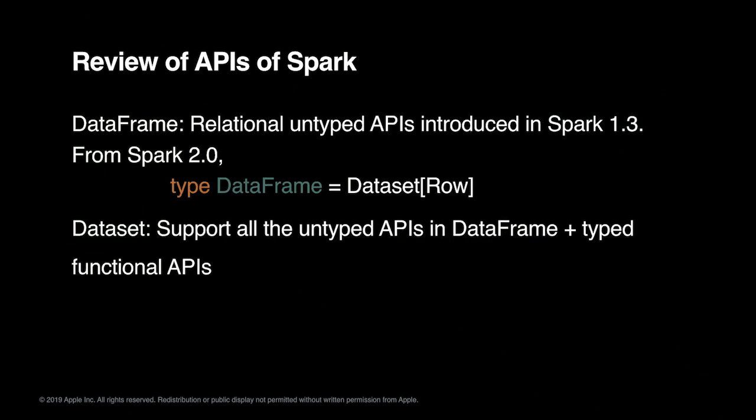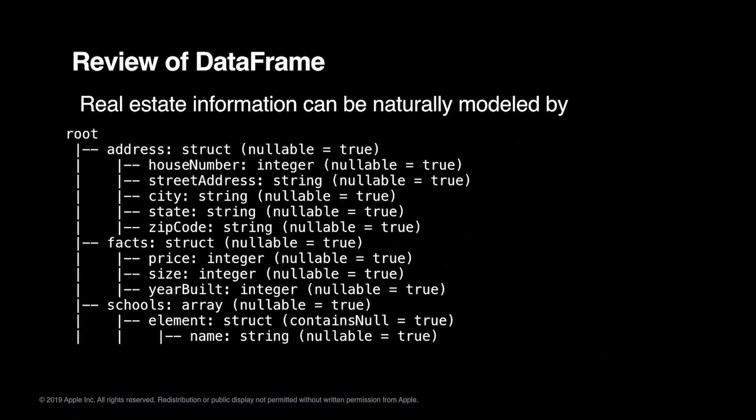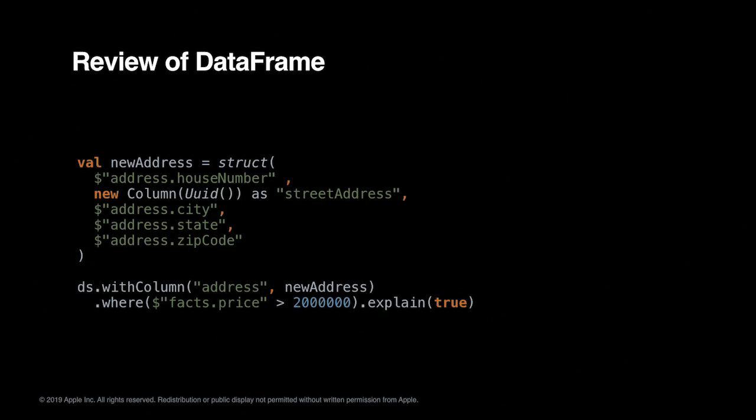Okay, so let's talk about some examples. Let's say we have real estate information: address, facts, school, so we have some data like this, and it's a DataFrame. Let's say we want to do a really simple query. We want to find all the houses that have a price of more than $2 million, for example.